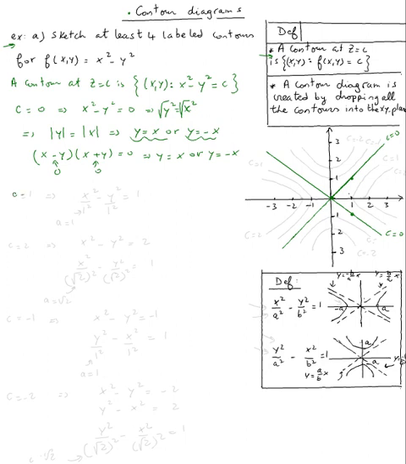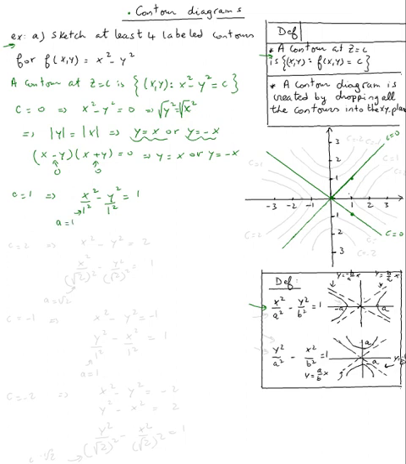Alright, what else? Let's use c equal 1. For c equal to 1 we get x squared minus y squared is equal to 1. Now, this is the same thing as x squared over 1 squared minus y squared over 1 squared. And if you look at the definition, we're going to get a hyperbola, with a equal to 1.